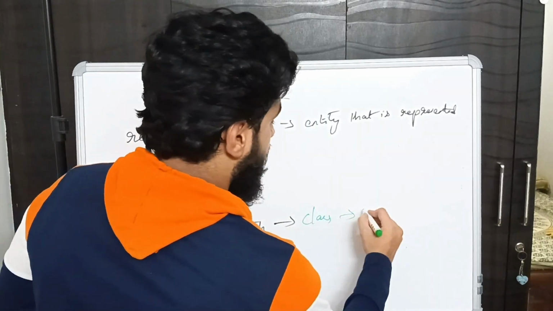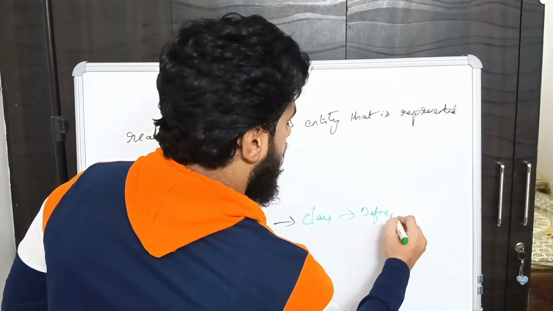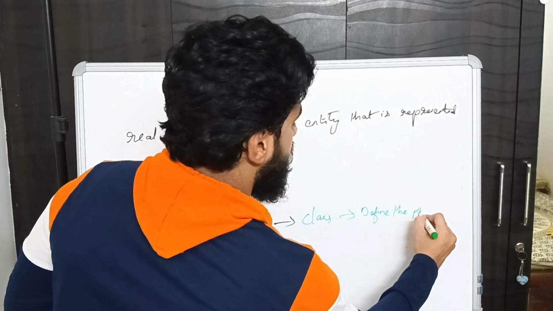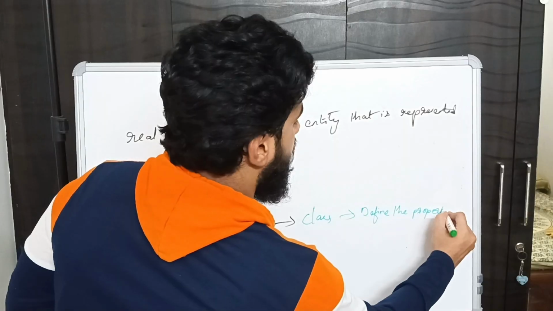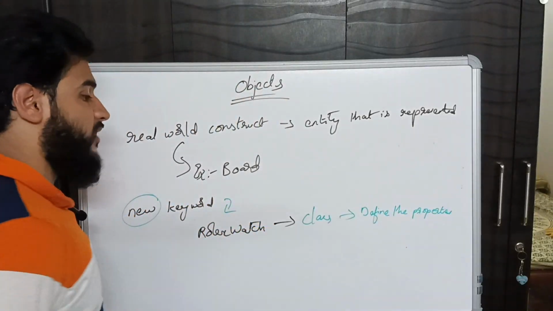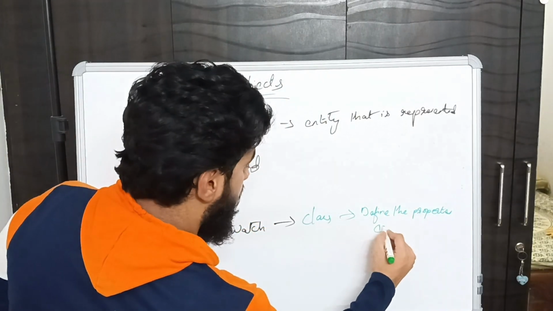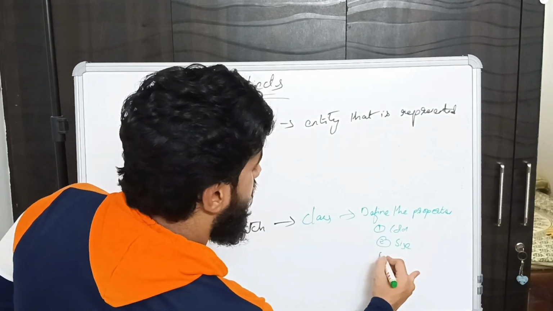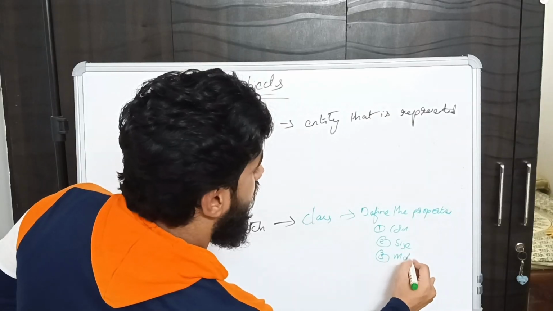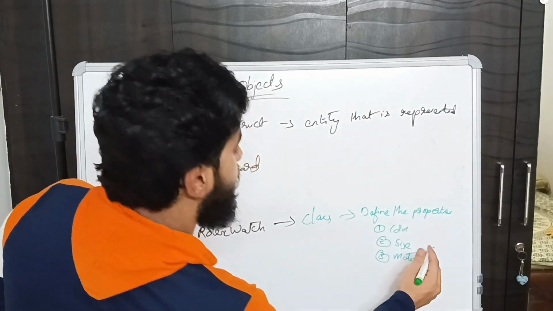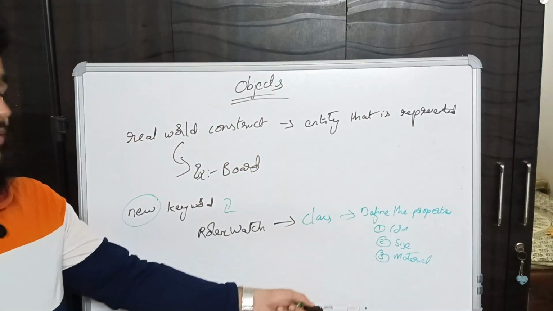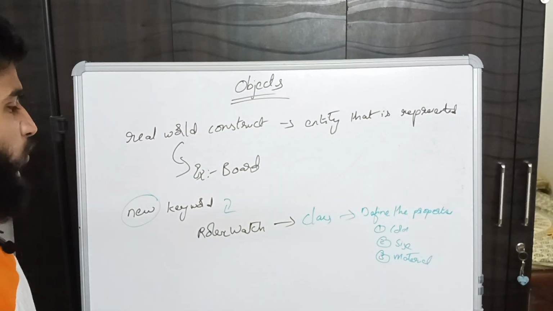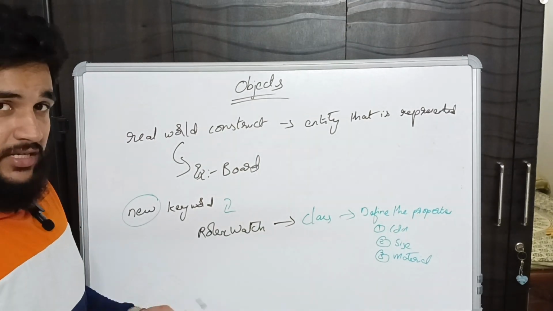Then we define the properties of this class. Properties in the sense the color, the size, the material, etc. This is the blueprint.